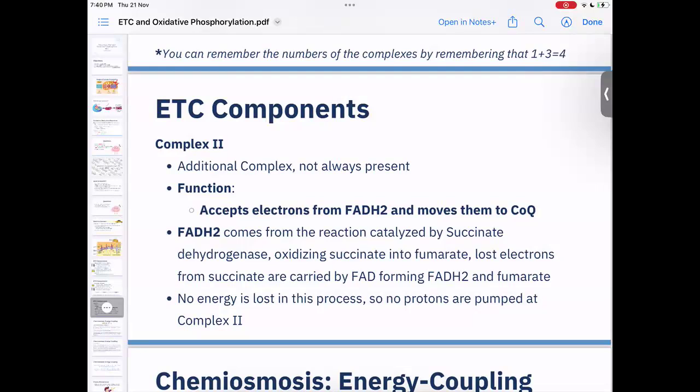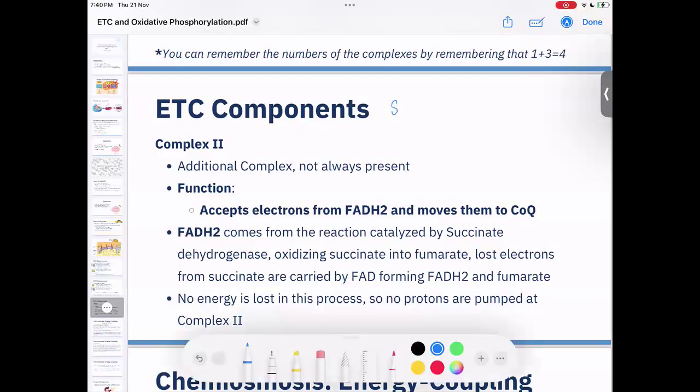This is just some extra thing. So succinate, when it loses electrons, the electrons are gained by FAD, forming FADH2, and after the loss of the electrons, succinate becomes fumarate. Okay, very simple and straightforward.